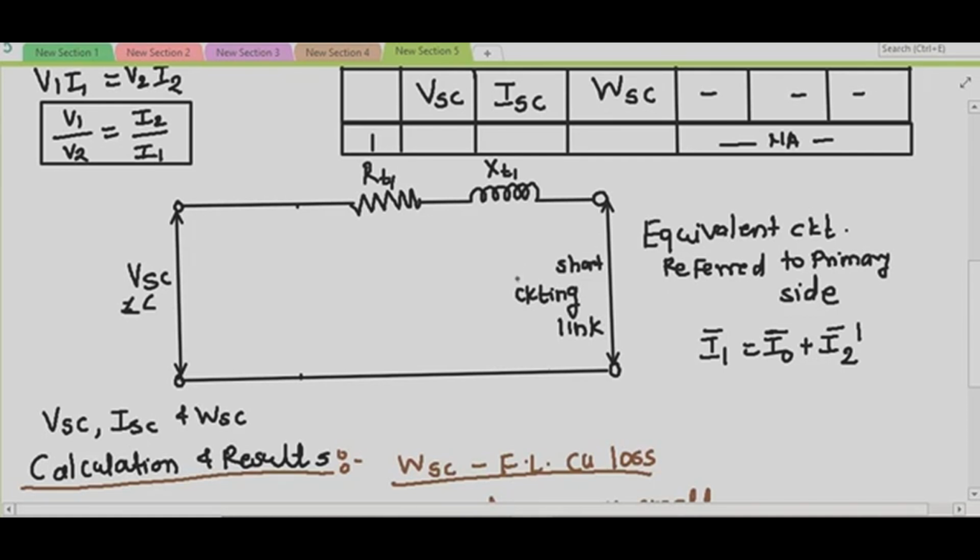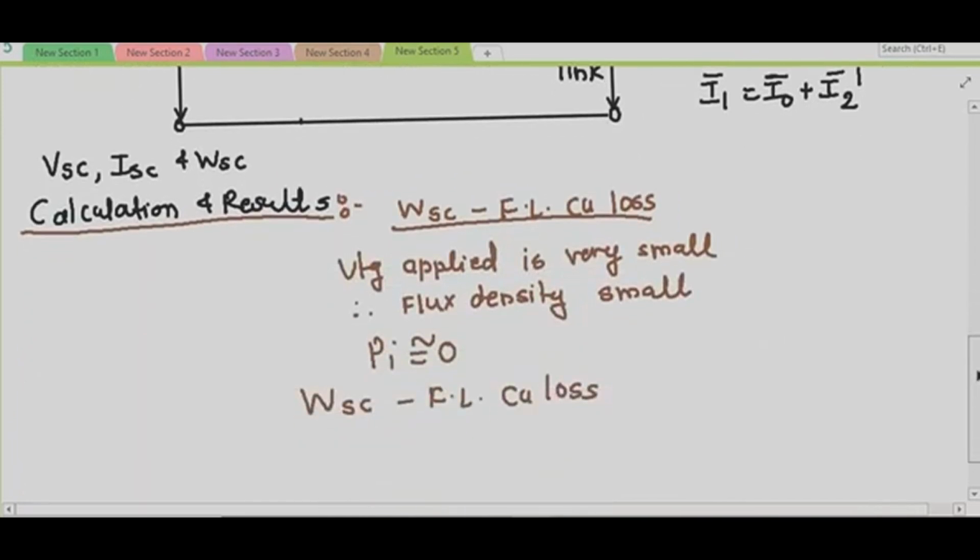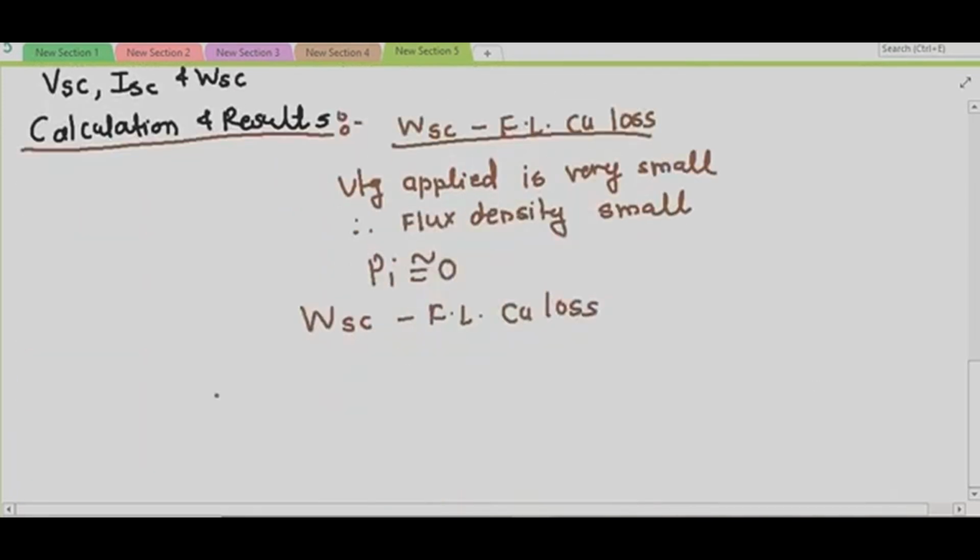Now, firstly we will find out RT1 from this. What is WSC? WSC is nothing but copper loss. As explained, it is the full load copper loss because full load currents are flowing, and as your no load current I0 is very small, we have neglected the iron loss.